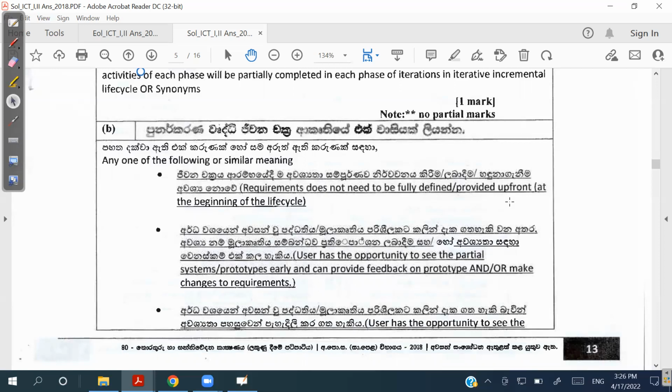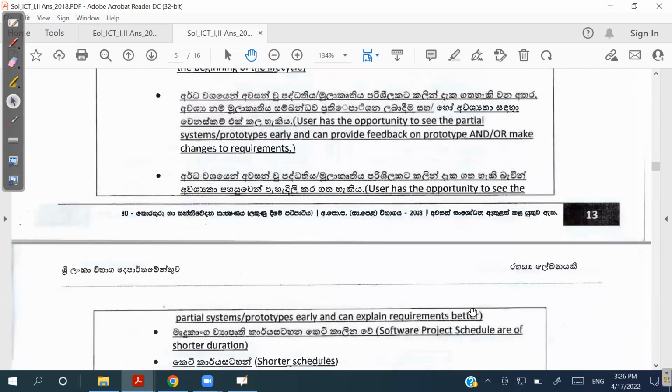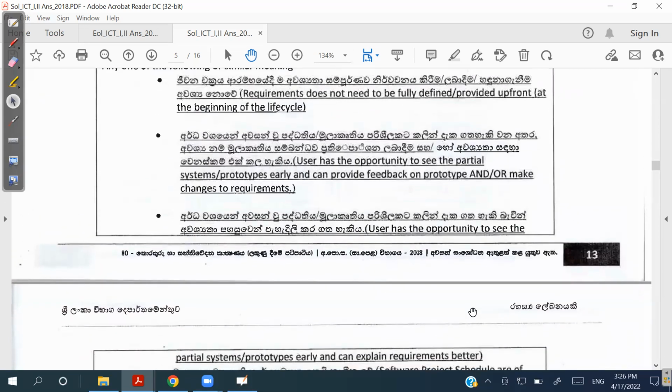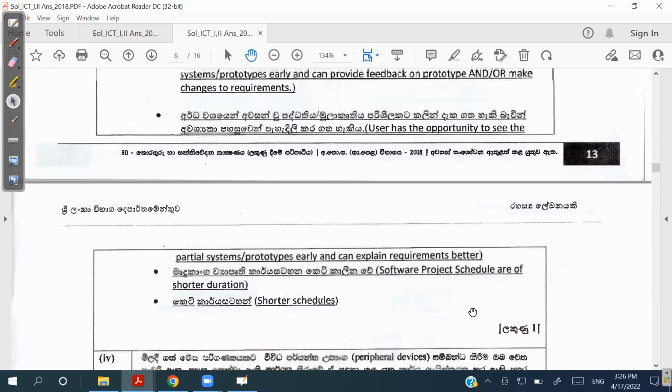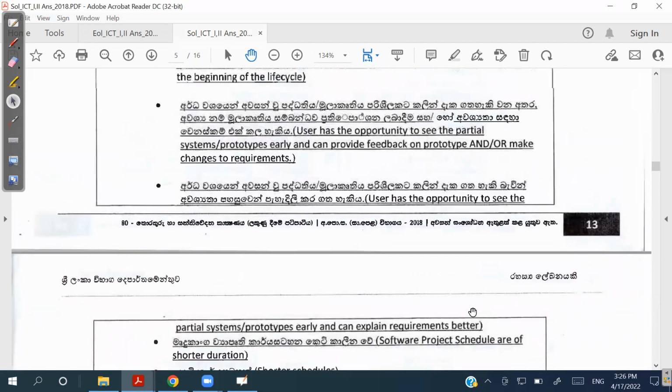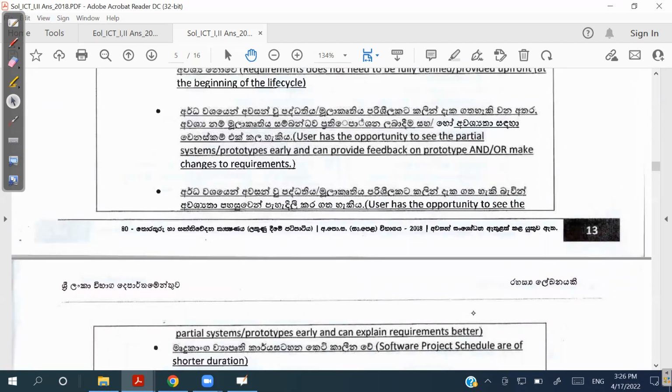As well as in the second, the user has the opportunity to see the partial system prototypes early and can provide feedback on prototypes, right? So any one of those. If you got any alternative answers, just let me know, and I'll tell you whether these are okay. And there are more as well. Yeah, these can also be taken as advantages.